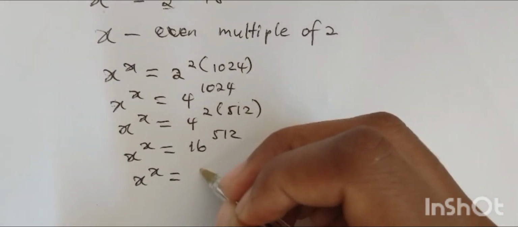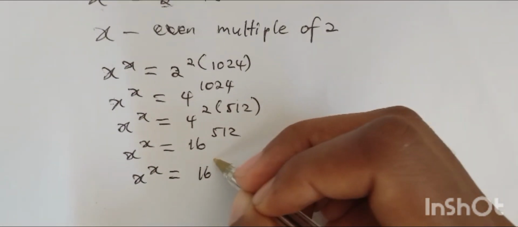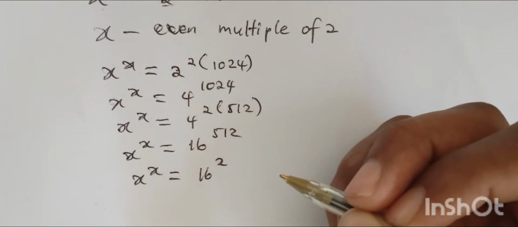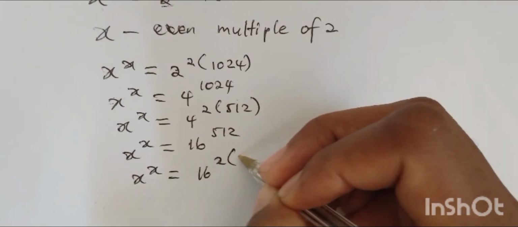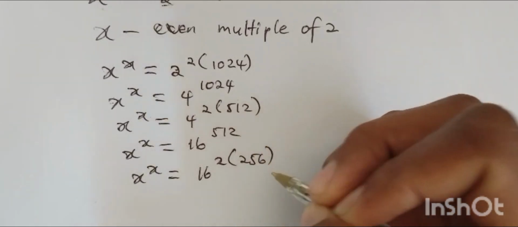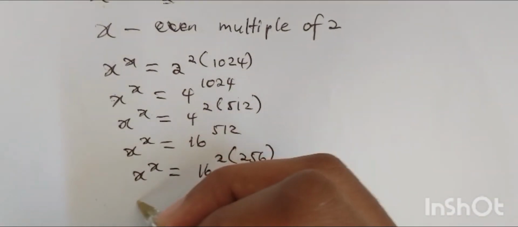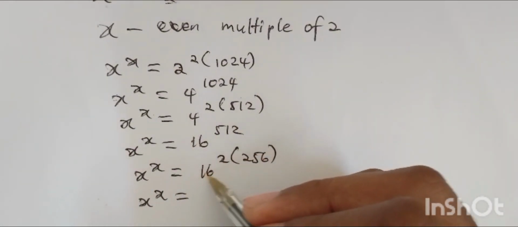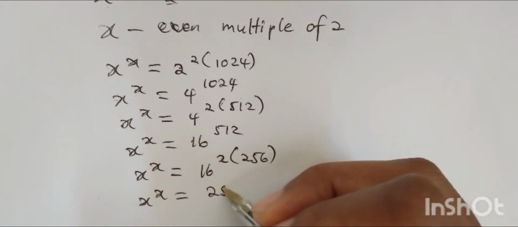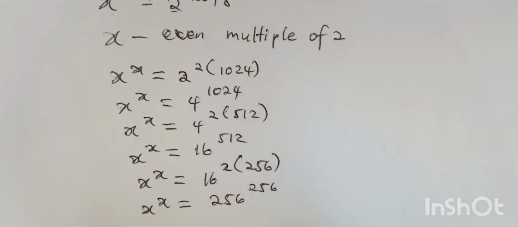We have that we can divide 512 by 2, which means we have 16 raised to 2 multiplied by 256, right? Which is x raised to x is equal to 16 raised to 2 is 256 raised to 256.